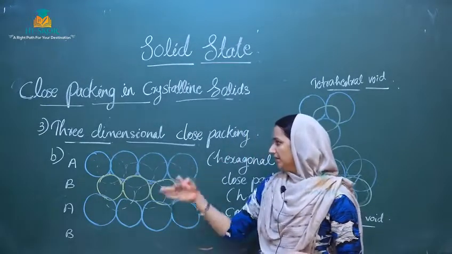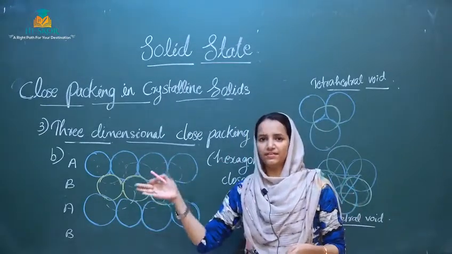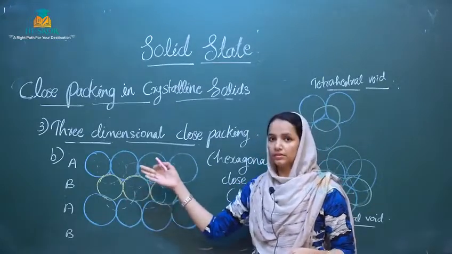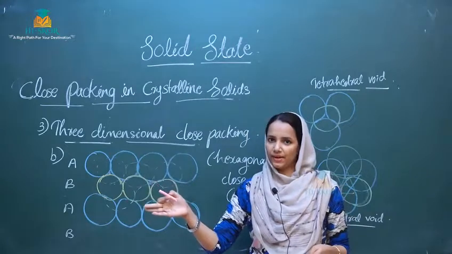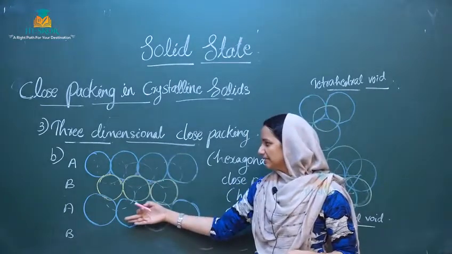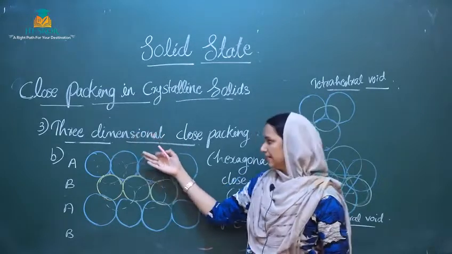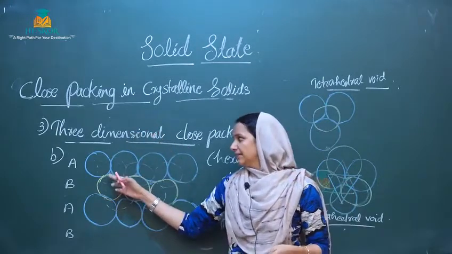Then, while arranging the third layer, we have an infinite number of rows here. The first layer is just the same as hexagonal close packing in 2D. Then the second layer we filled, covering the A type void.